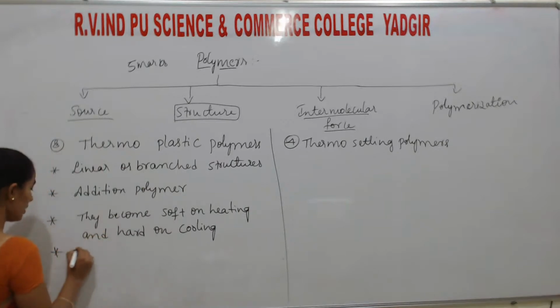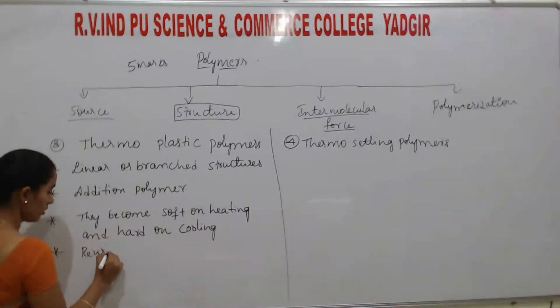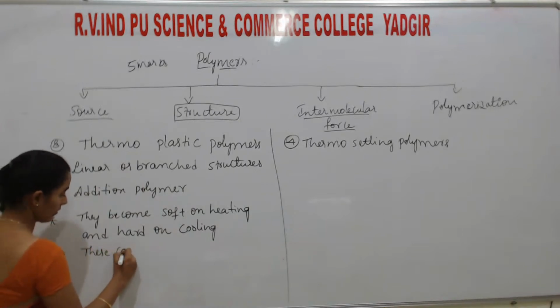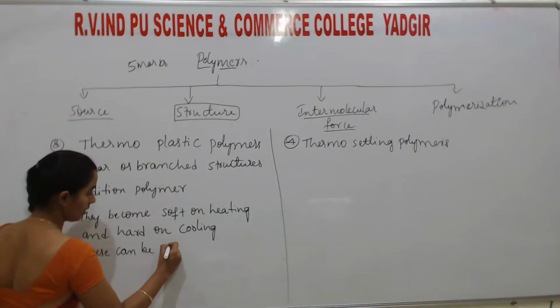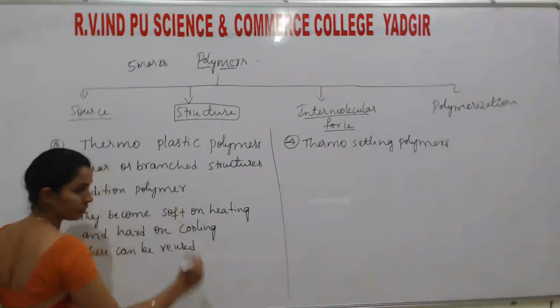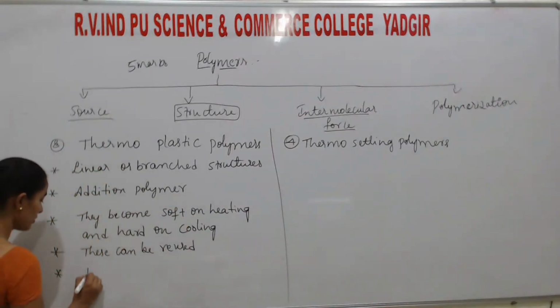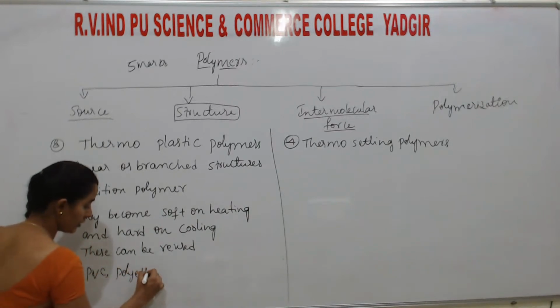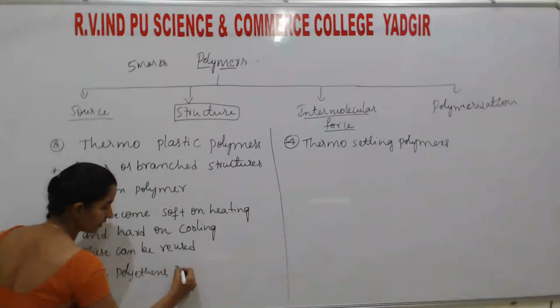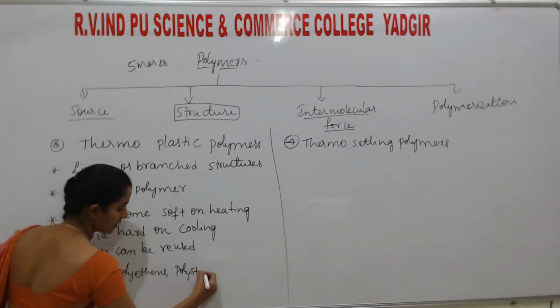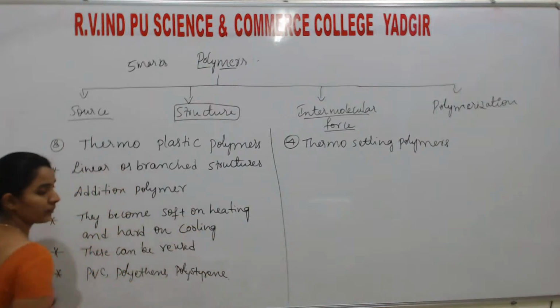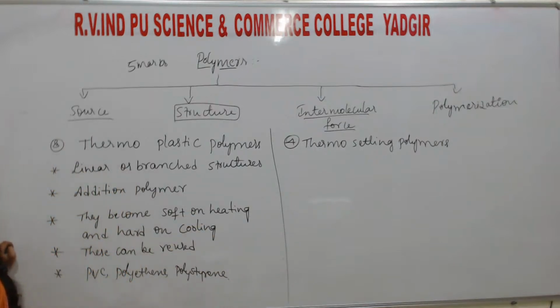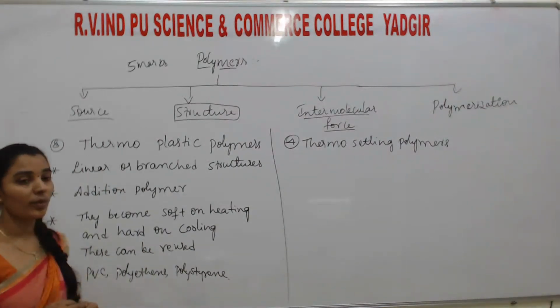And these can be reused. So examples for this, students, are PVC, polyethylene, polystyrene, etc. Understand? So this is what thermoplastic polymers means.